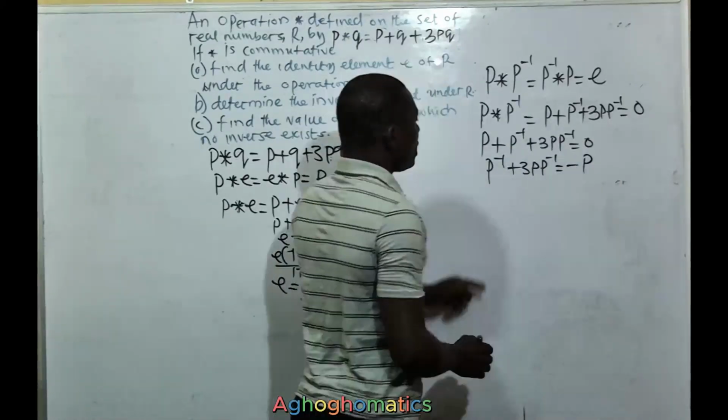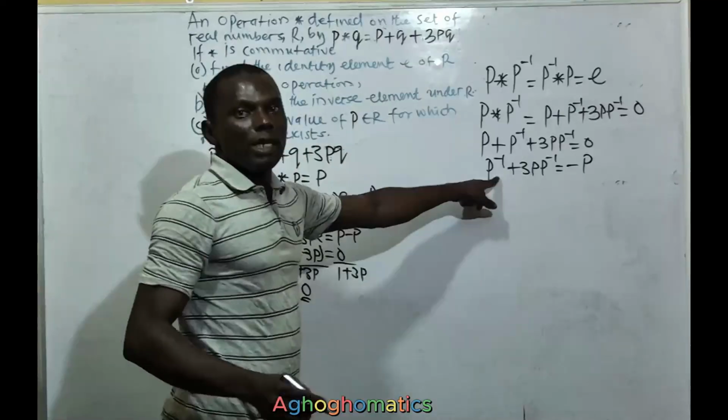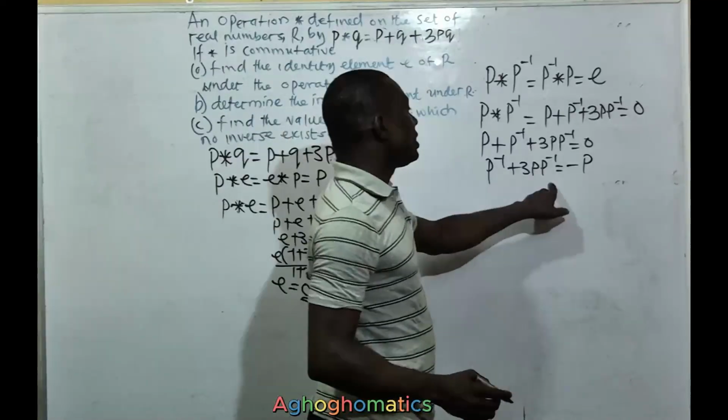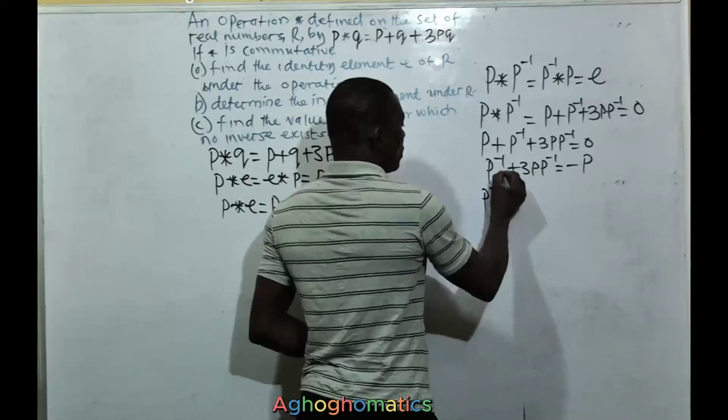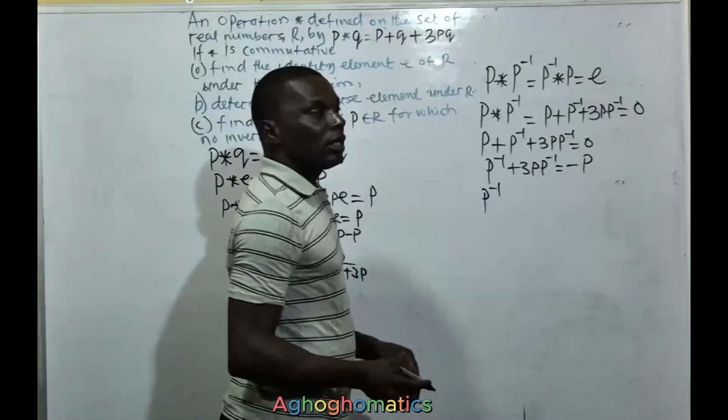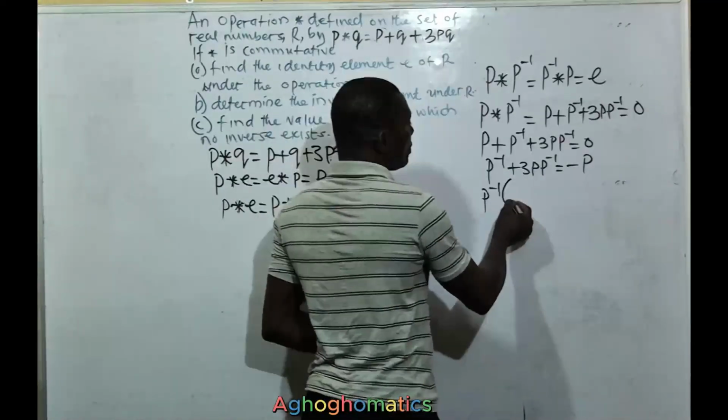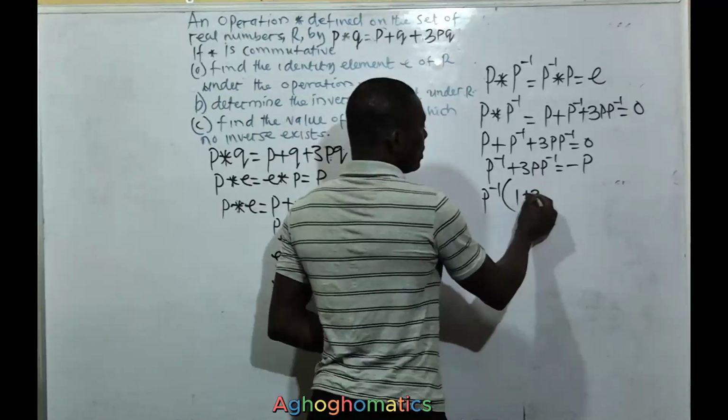P. Then we are looking for the inverse, and the inverse here is a common factor, so we factor it out as P inverse into 1 plus 3P.